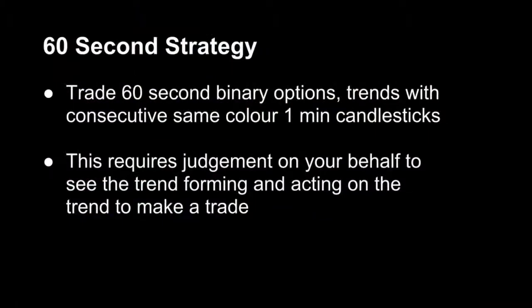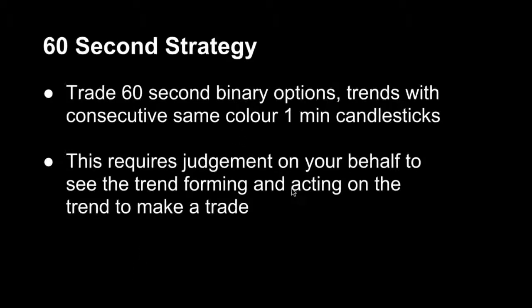Okay, so the 60-second strategy. The strategy is to trade 60-second binary options with the trend, being with consecutive same color 1 minute candlesticks. So whether that be 3 candlesticks going up in the green or 3 candlesticks going down in the red.